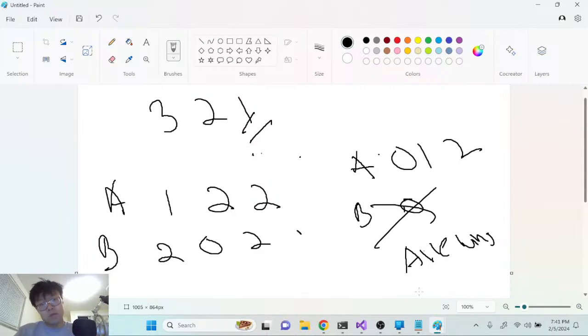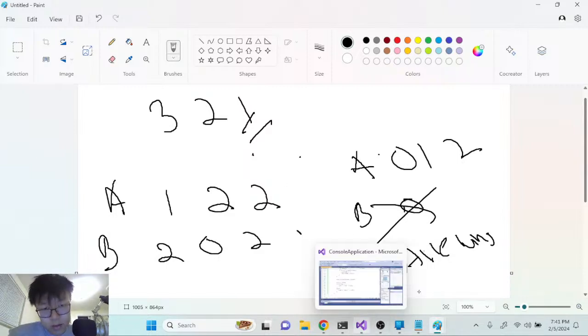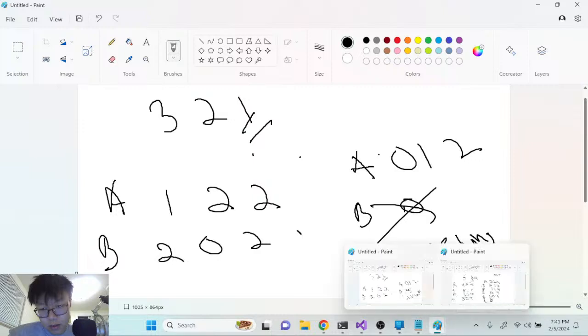Two, 0, 2, 2. 0, 2, 2 is not right. Largest number? That's not right either.